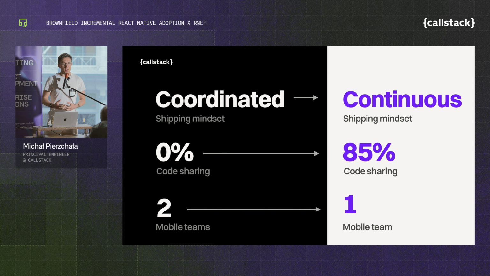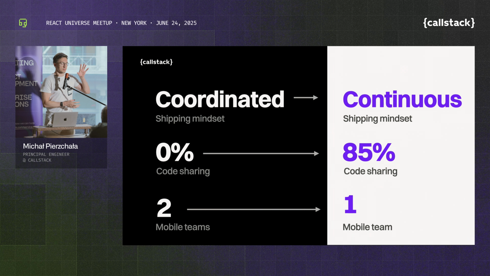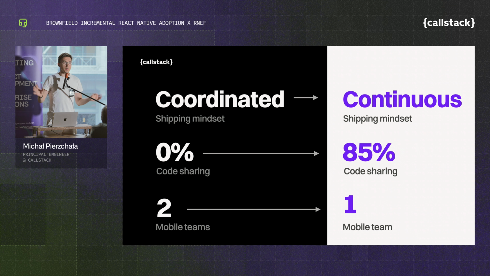So first thing is, with React Native, they can change their shipping mindset from coordinated, let's build this with Android, let's build that for iOS, maybe build that for web, and let's coordinate or not our release schedule. In reality, this often means that all platforms have their own schedule, the users have an incoherent experience, and you get different bug reports or different complaints from your Android and iOS user base.